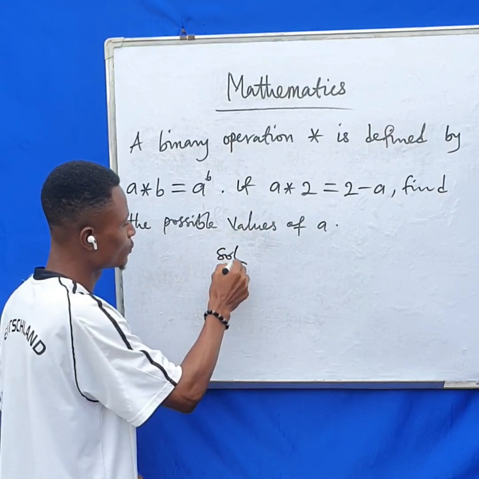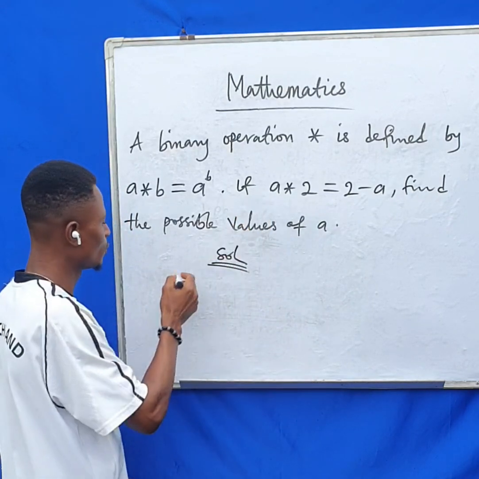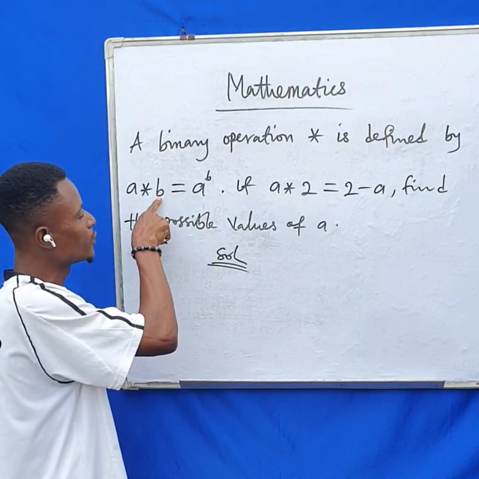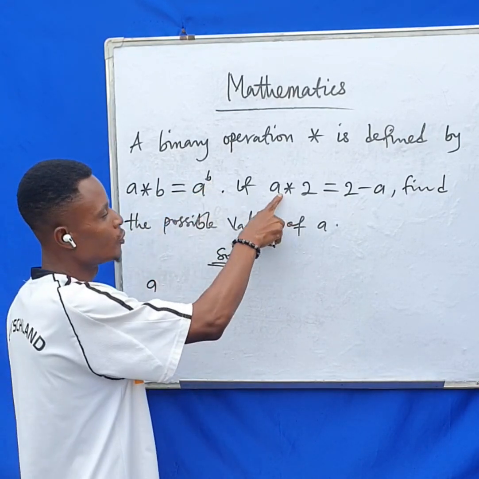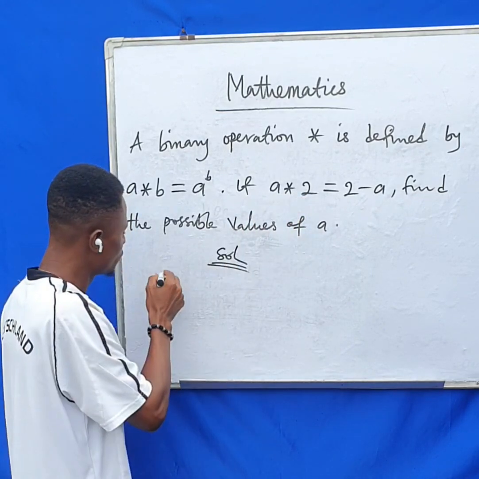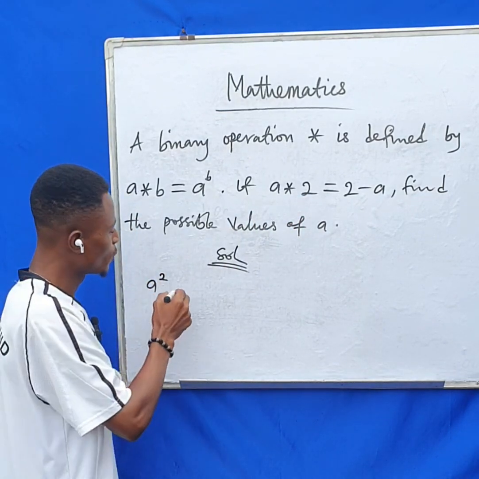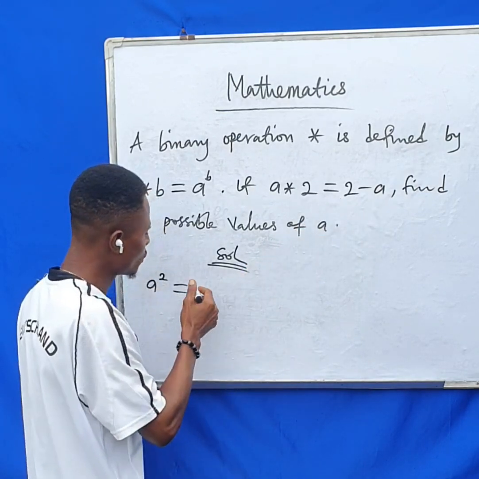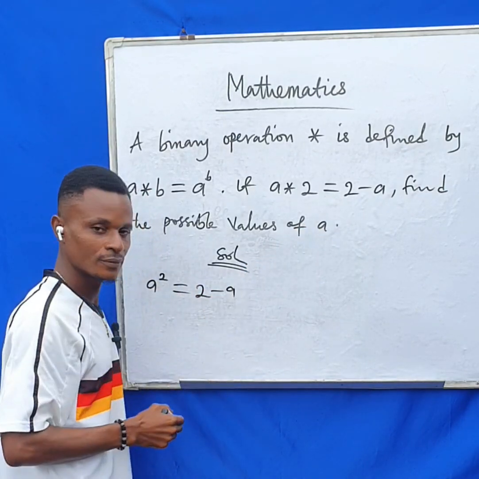So this is the solution. We write down this a, which is a. Then they said we should raise it to the power of this second one. That means we are going to raise it to the power of this 2 here. So a raised to the power of 2. Remember I told you that you are going to equate everything to this right-hand side. So that will be equal to 2 minus a.